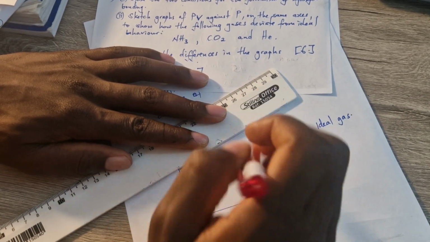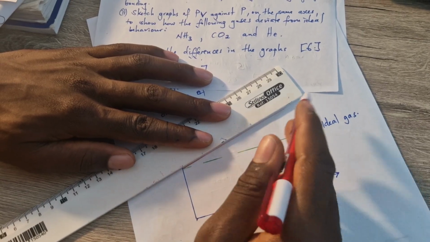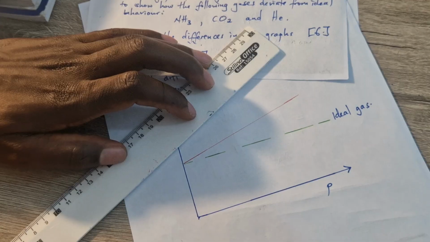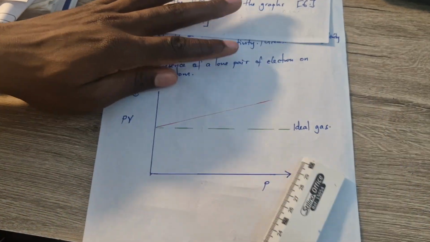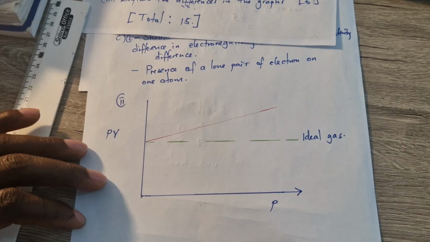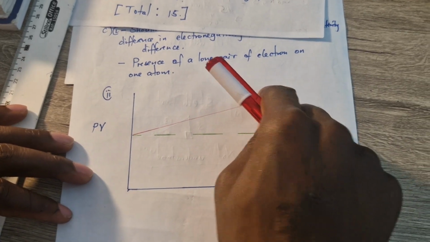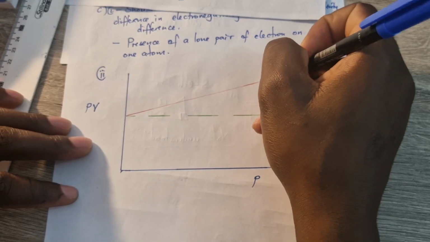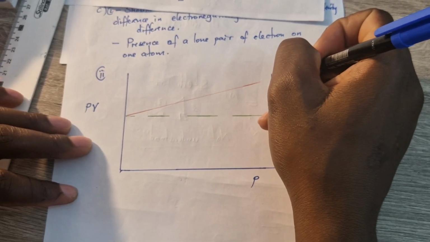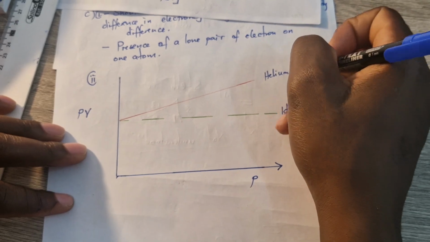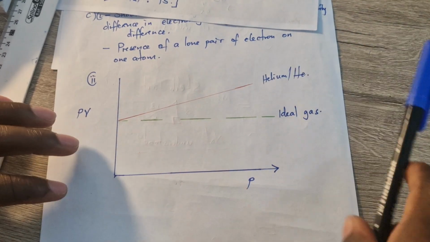As you can see, as pressure increases, the deviation also increases. So it deviates more when pressure is increased. Then I can mention it here: helium, or as shown, can just say He like this.